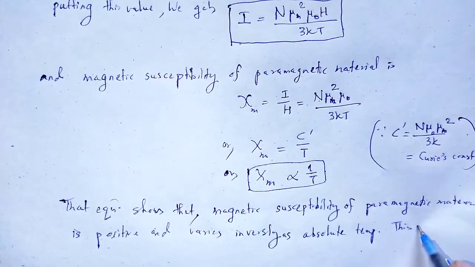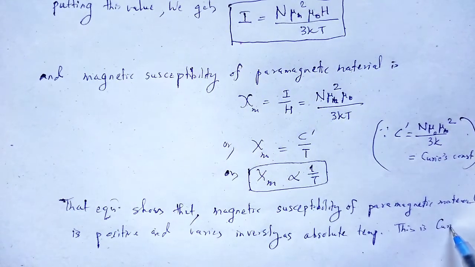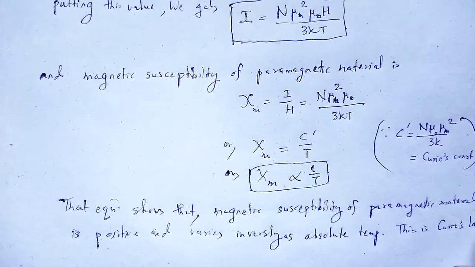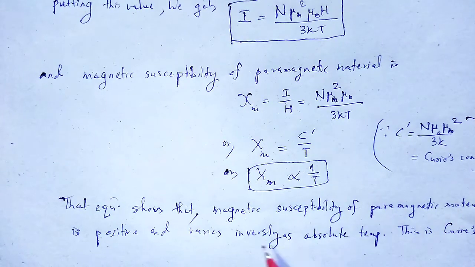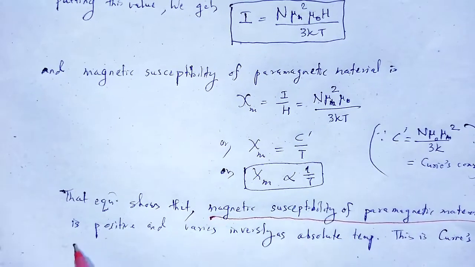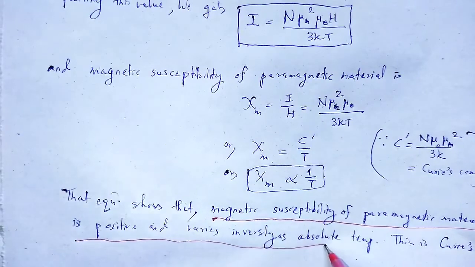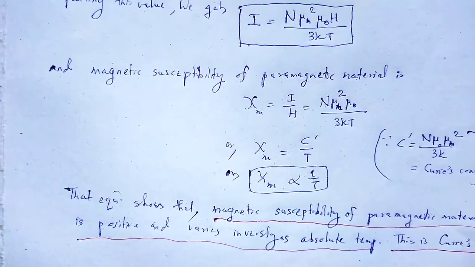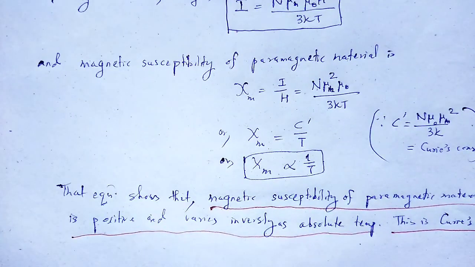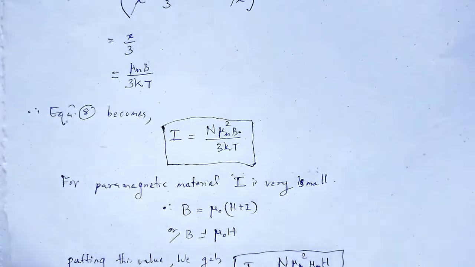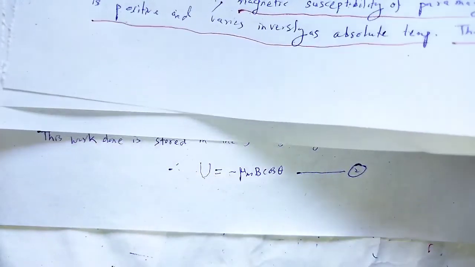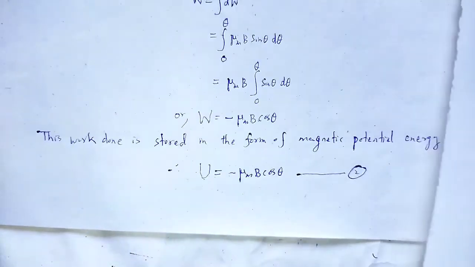And this is nothing but Curie's law. The magnetic susceptibility of paramagnetic material is positive and varies inversely with the absolute temperature. This is known as Curie's law. So, here we showed how it is mathematically derived.